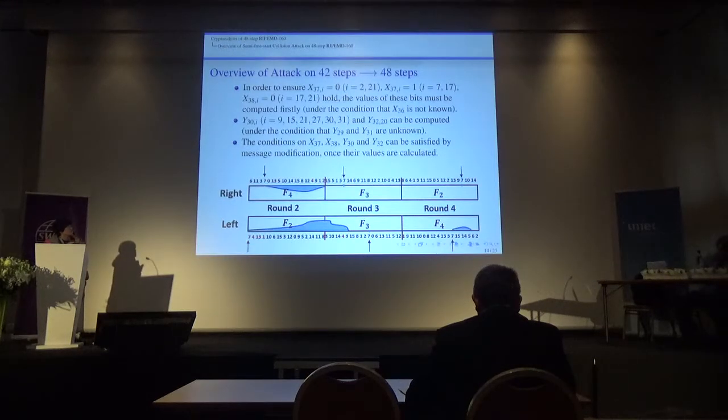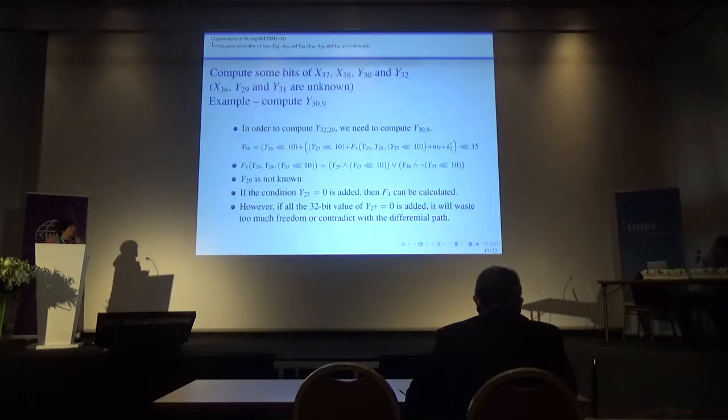Similarly, compute some bits of Y30 and Y32 under the condition that Y29 and Y31 are unknown. We give an example to show how to add some extra conditions and compute some bits of them.